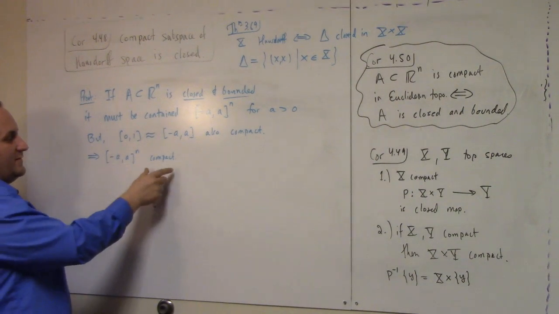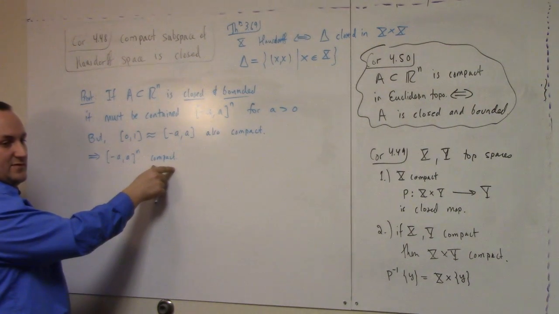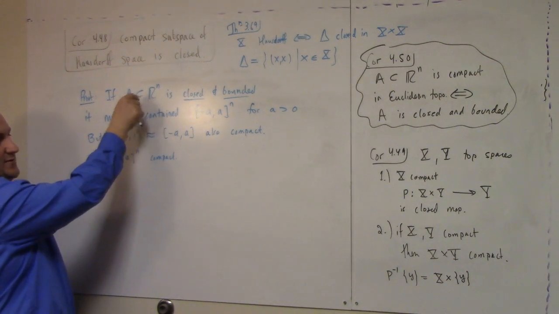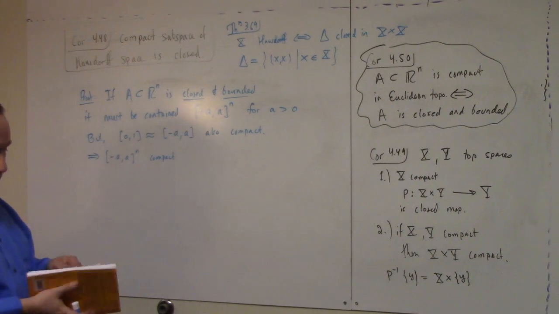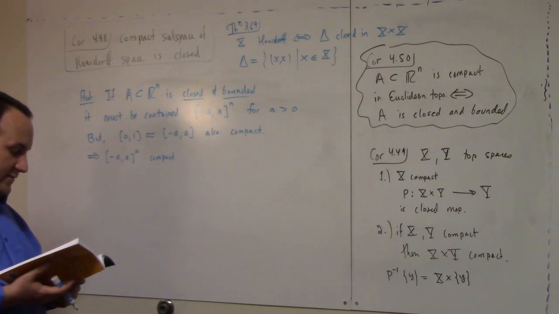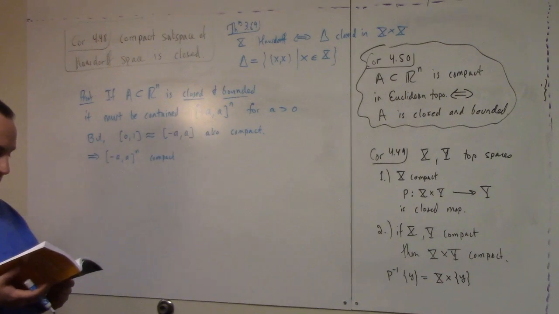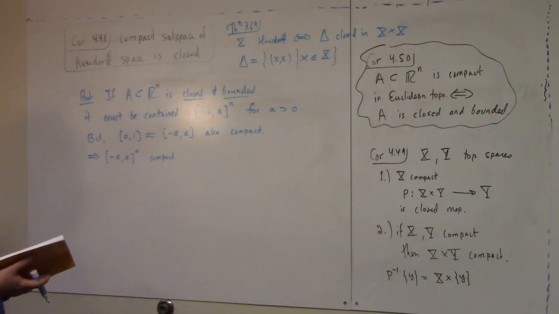If for every open cover of this you have a finite subcover, then you can use the same finite subcover to cover the thing inside it. I mean, finite subcovers descend to subsets. So the Cartesian product, minus a to a to the nth power, is compact, and so is any closed subspace in it, in particular A.